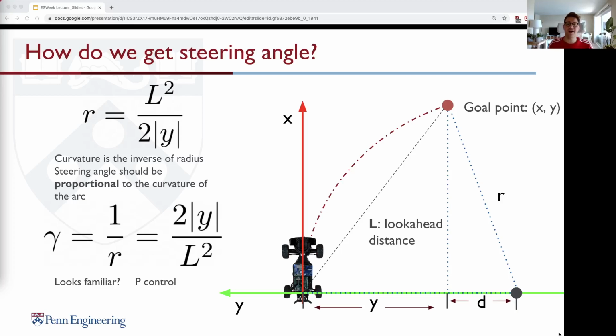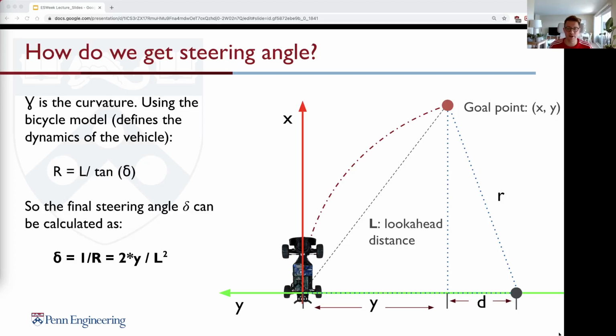Now we have our final calculation to do. We have created gamma now, which is the curvature. And we are using here a so-called bicycle model. This bicycle model defines the dynamics of the vehicle. You can look that up.